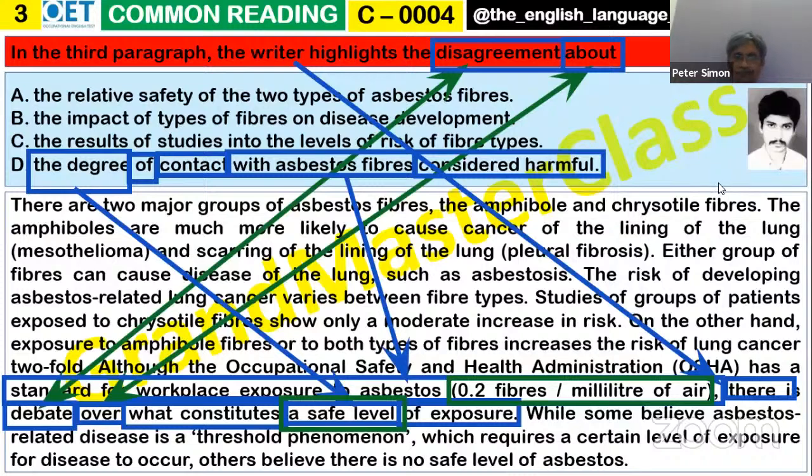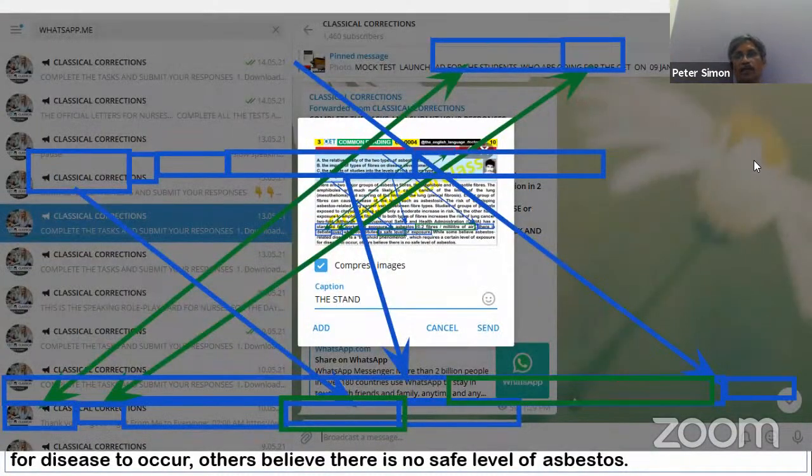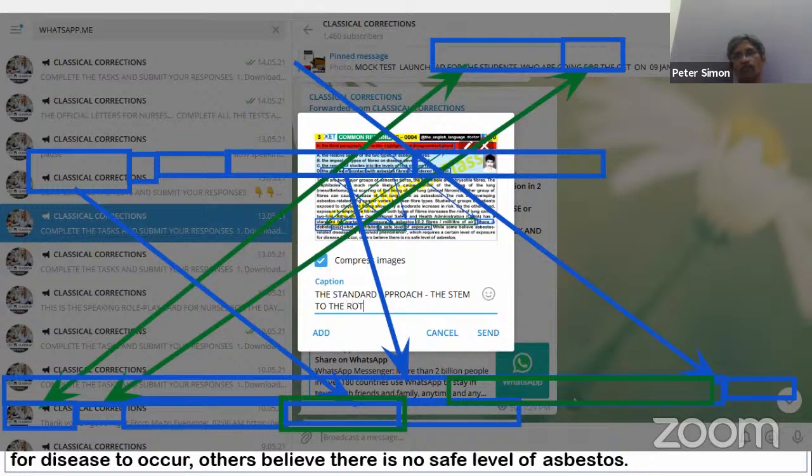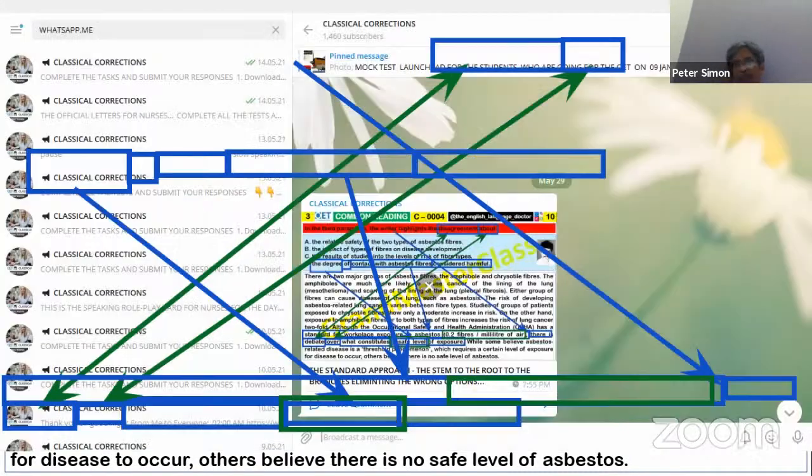The standard approach: the stem, to the root, to the branches, eliminating the wrong options. Right. That is it.